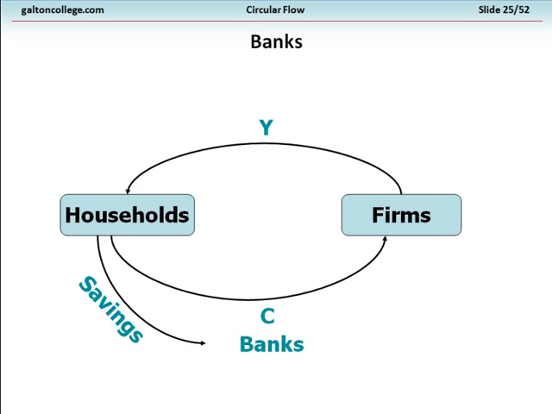That's how they pay for the buildings and the staff and make a profit. So savings come out of the households and go into the banks. Now, that's quite rational. It's not very rational just to take the savings and shove them under the bed. But putting the savings into the banks where you get a return on the money, that's rational. That makes sense.